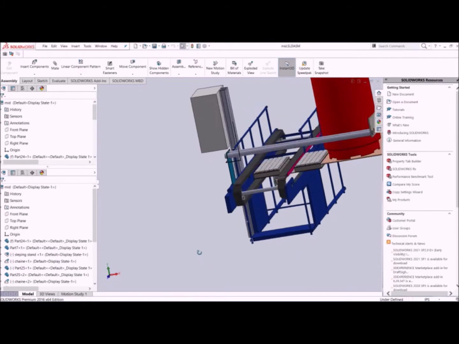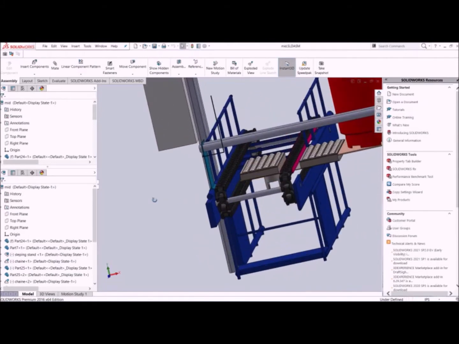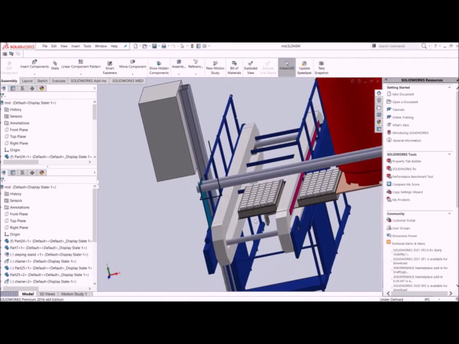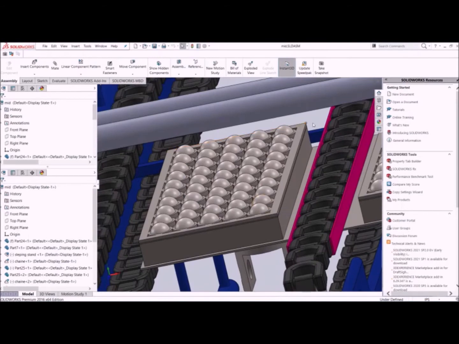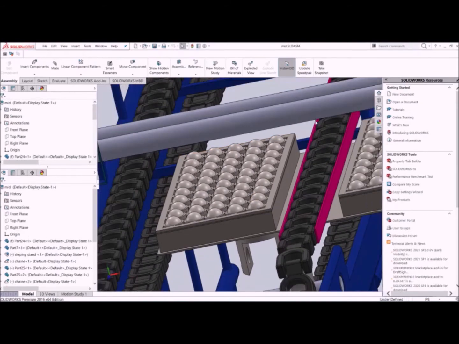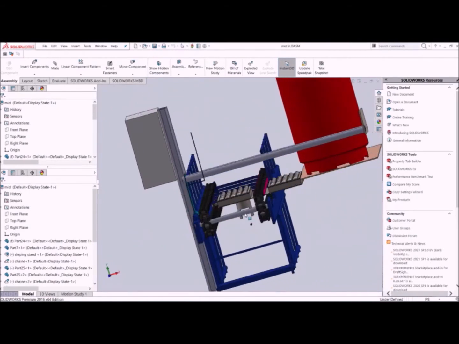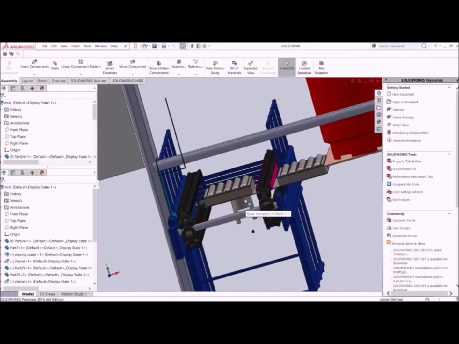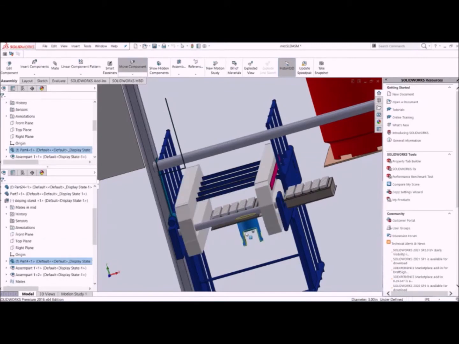For that I used a sliding stand, and this stand contained many balls. This sliding stand's feature is that it can move up and down like that.